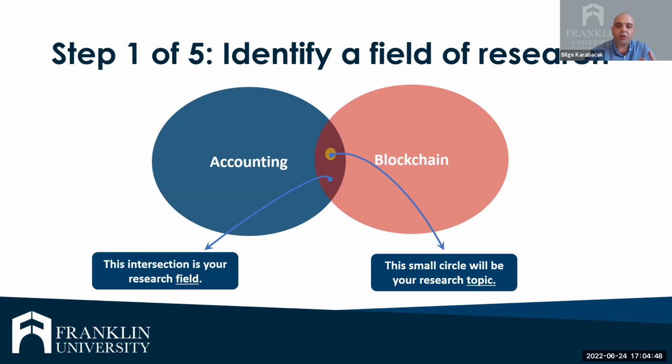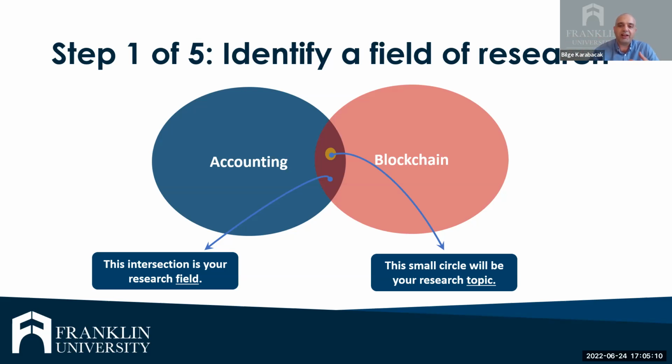The intersection of traditional and contemporary topics are fertile fields of study to find some interesting research topics. In this figure, you see the intersection of accounting and blockchain. This is the field of one of my doctoral advisees indeed. This is a good field of study.